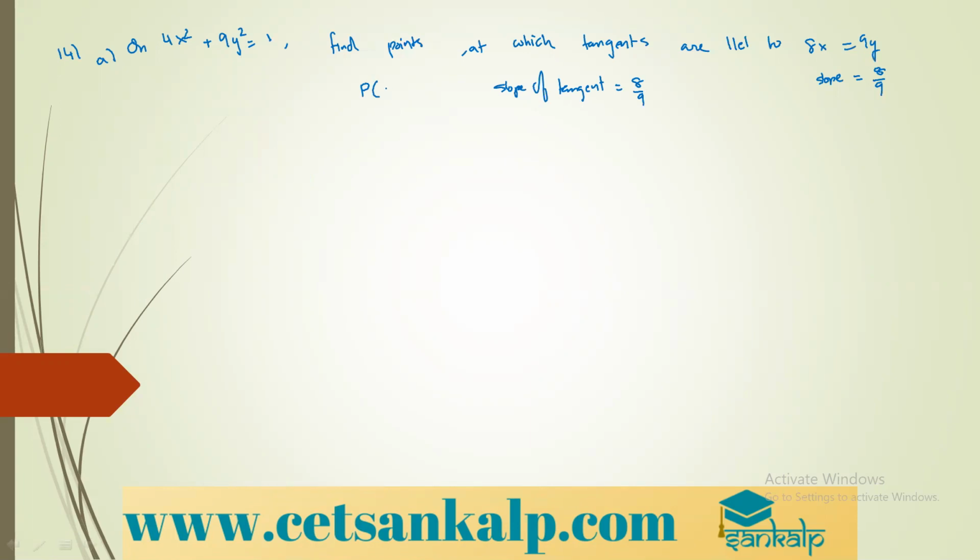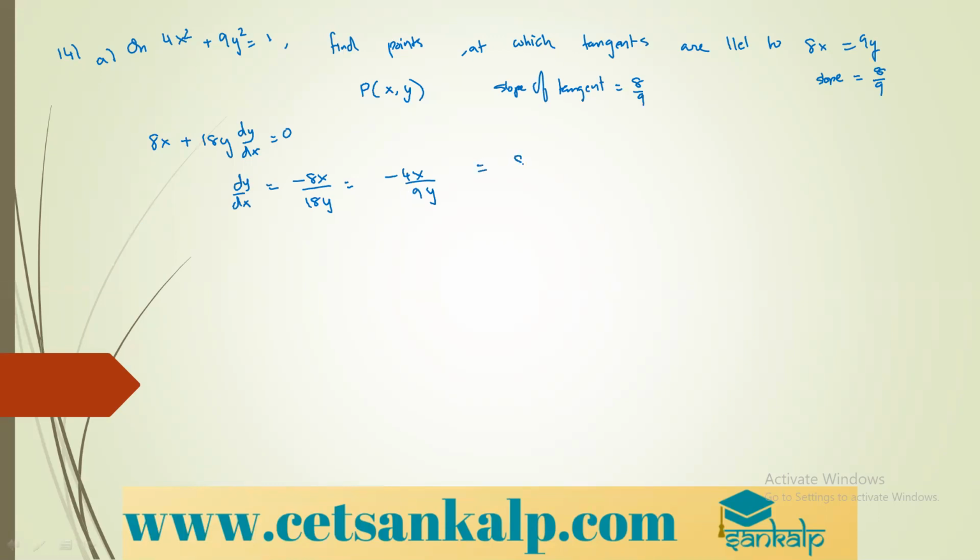And coming to the points, we don't know what x and y are, we have to find them. So first we will find the derivative. 8x plus 18y dy by dx equal to 0. So dy by dx is minus 8x by 18y, that is minus 4x by 9y.